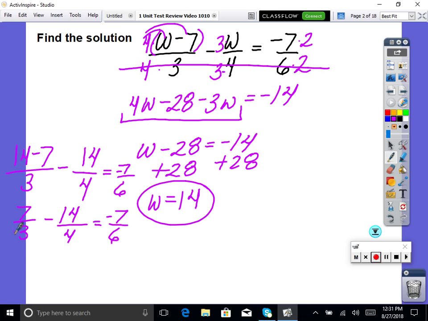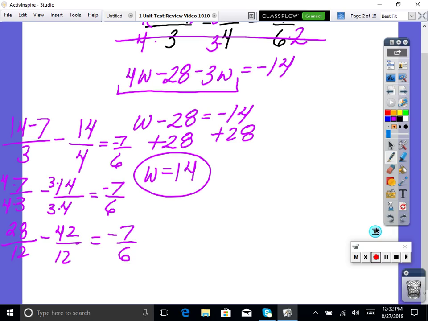So we'd multiply by 4 over 4. We'd multiply by 3 over 3. That would be 28 over 12 minus 3 times 14, which is 42 over 12. That needs to equal -7 over 6.